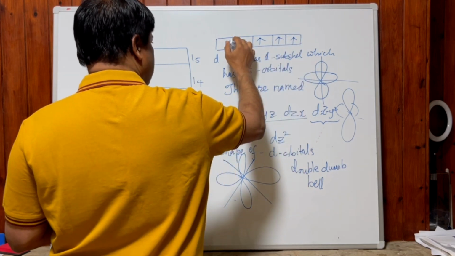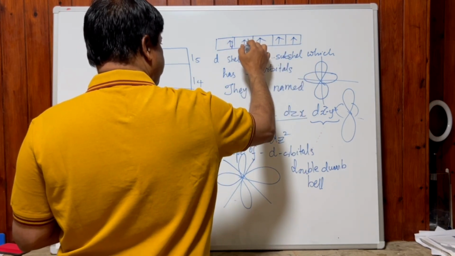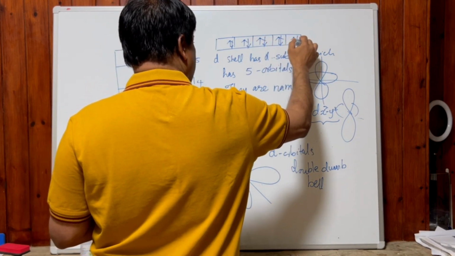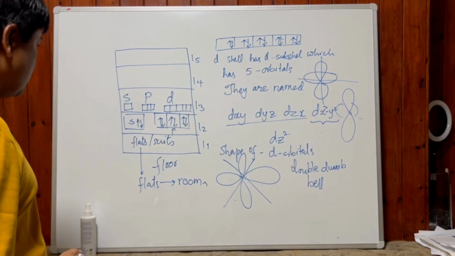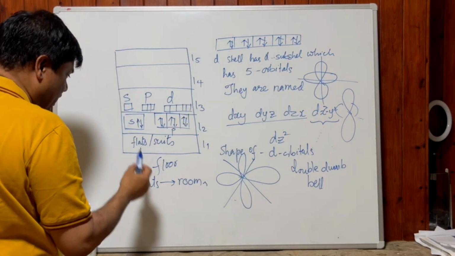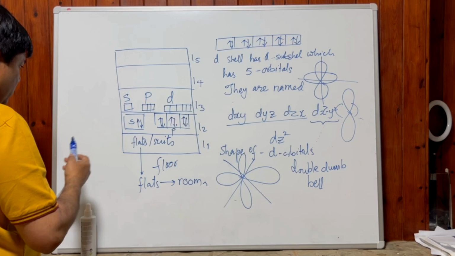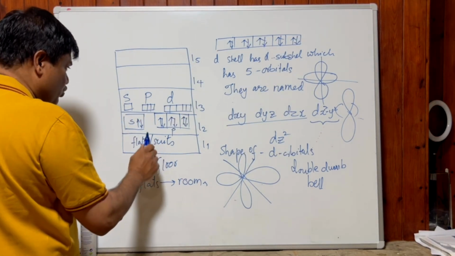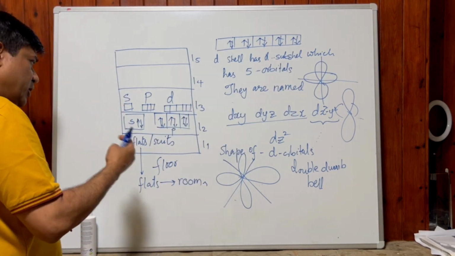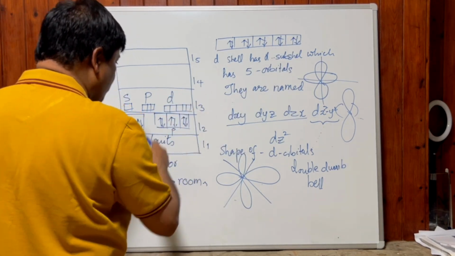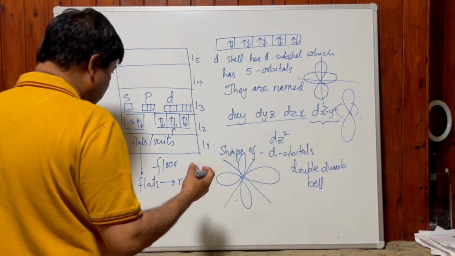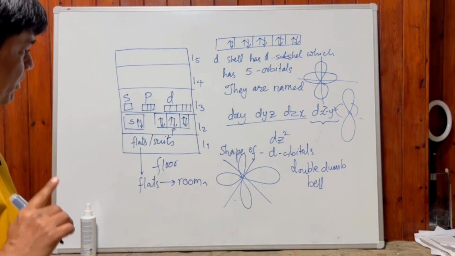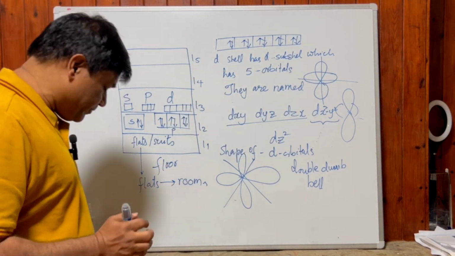Then the pairing starts. Hund's rule says we can have only 2 in each orbital, minimum 1 and maximum 2. So the S suite has only 1 room, a small flat. The P suite has 3 rooms, a 3 bedroom flat, and this is a 5 bedroom flat. In each bedroom we can accommodate minimum 1 and maximum 2.